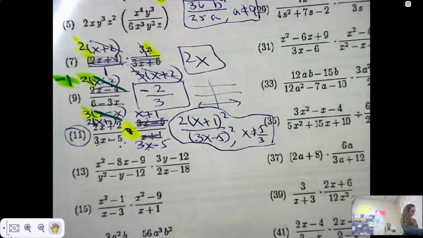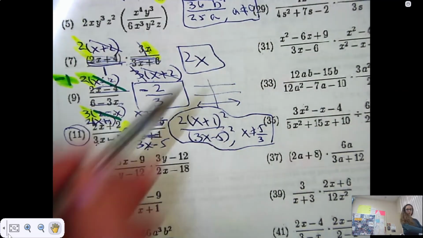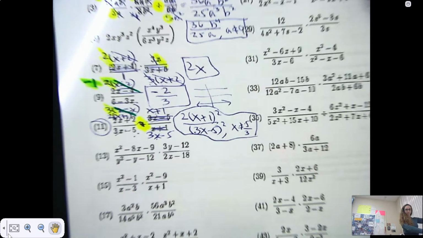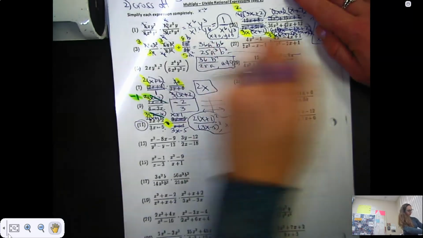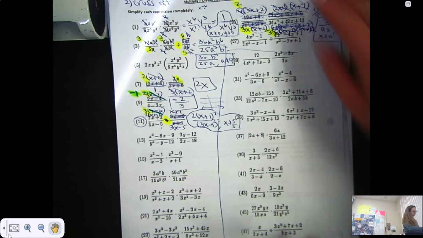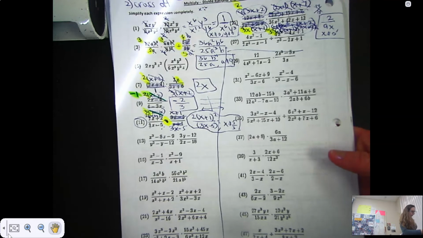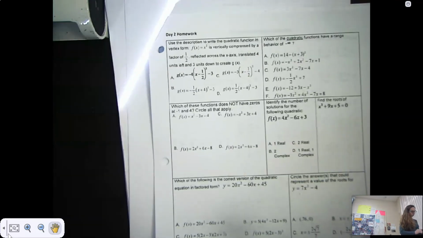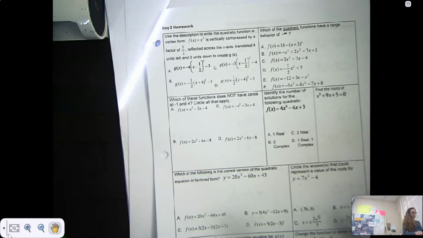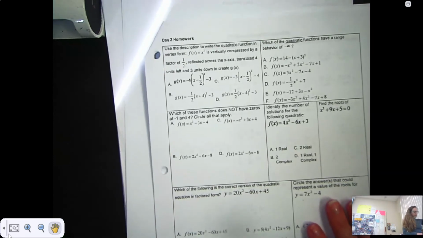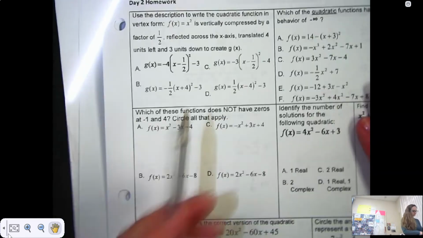Here's what we're going to do. Your homework is to do this second column, and you can either do it on this paper or separate paper. Your homework is also to do these problems, and a lot of them are multiple choice, so let's make sure we're good to go. So this one you can't really show work.